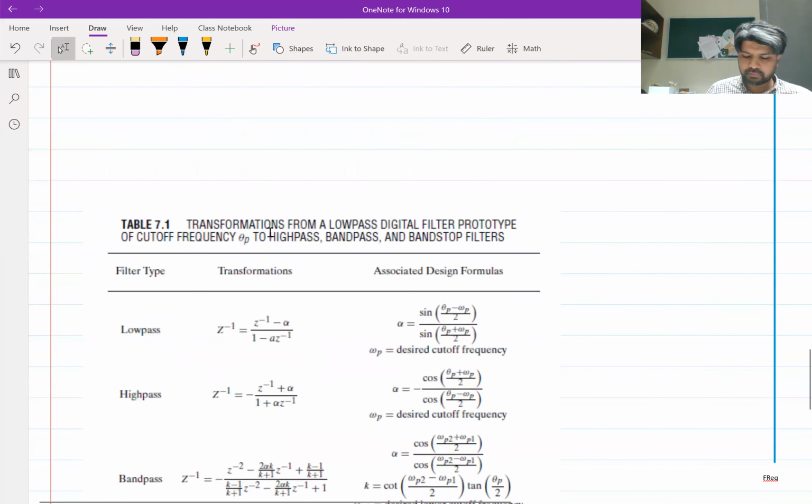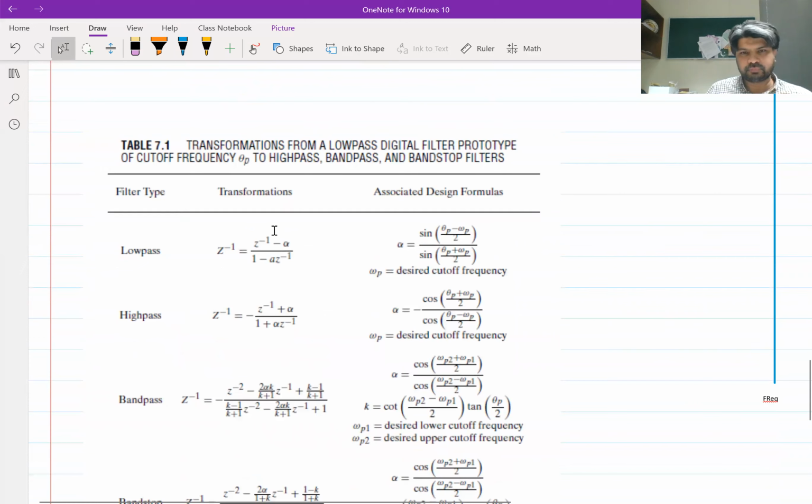And this table below shows different transformations. So if you want to do a low pass to low pass transformation, your transformation is given by this. And if you want to convert that into high pass, all you need to do is to change z by minus z.